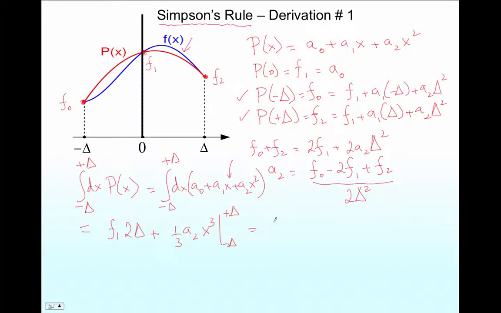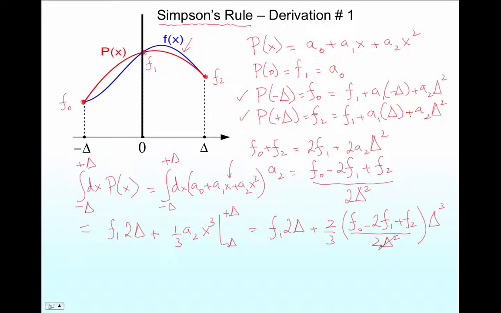And so this is f1 into 2 delta plus 2/3 a2 we have above, that's f0 minus 2f1 plus f2 over 2 delta squared, and of course there's delta cubed over here.